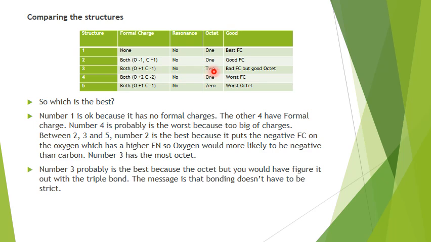And what happens is the octet is going to outweigh any of this here. So the 2 octets outweigh any of it here. So number 1 is best because of formal charge, the other 4 have formal charge, and so forth. But number 3 is probably the best because it has 2 octets.